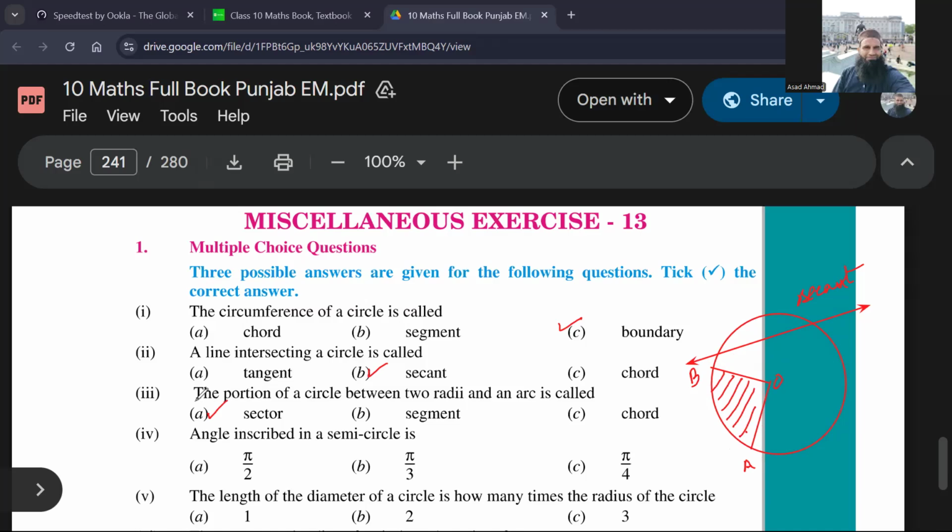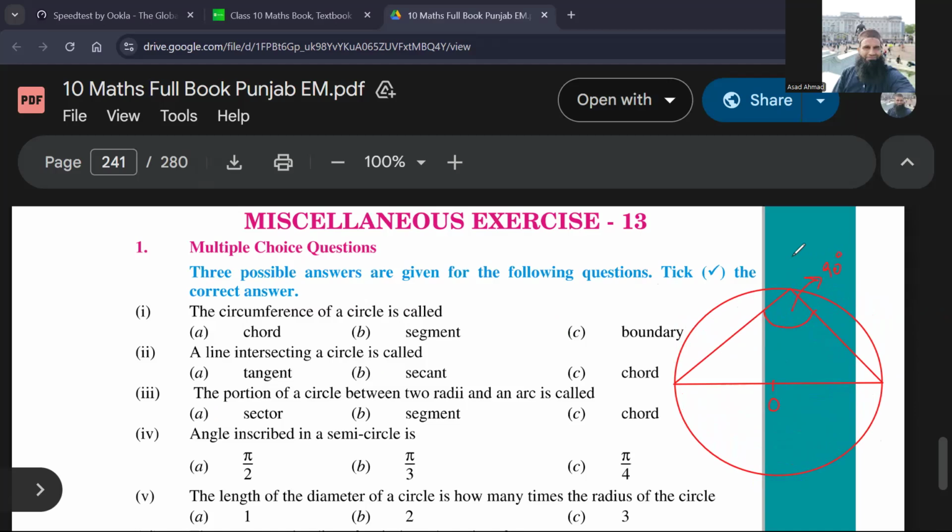The next is angle inscribed in a semicircle. It's a circle. Make the semicircle, and in a semicircle, from the end point of the diameter, whenever you will draw a circumangle, this angle will always be of 90 degree.